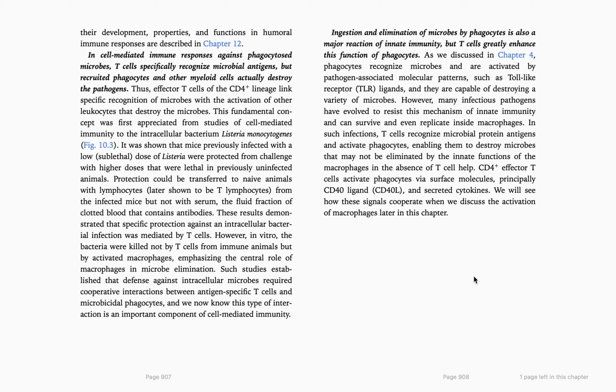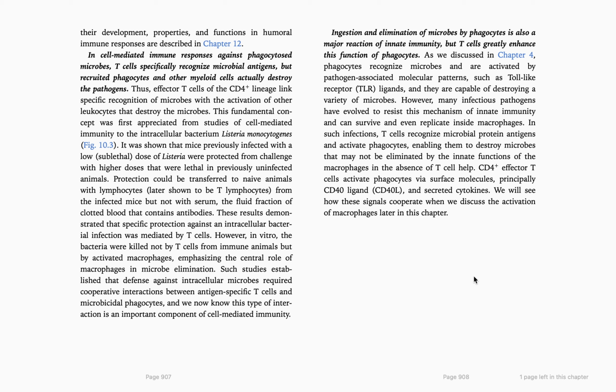Ingestion and elimination of microbes by phagocytes is also the major reaction of innate immunity, but T cells greatly enhance this function of phagocytes. As we discussed in chapter 4, phagocytes recognize microbes and are activated by pathogen-associated molecular patterns such as toll-like receptor ligands, and they are capable of destroying a variety of microbes.